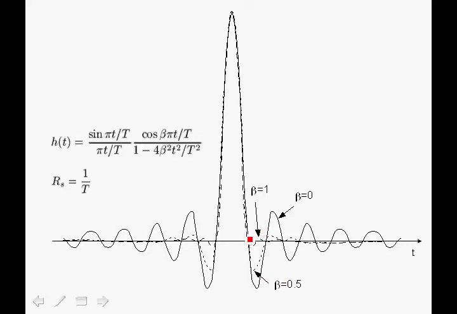One very important point about these raised cosine filters is to take a look at the impulse response in the time domain. As beta increases, we see that the denominator increases with beta and also the power of t, so that the side lobes die out much quicker over time, the higher the value of beta.